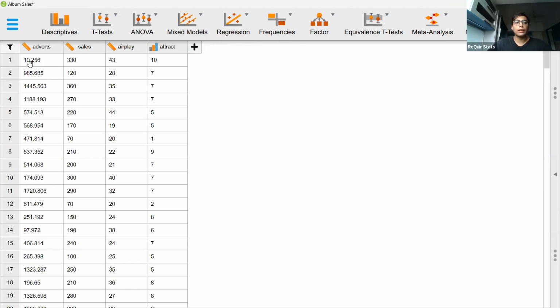So adverts are in pounds in thousand. So 1,000 pounds. So into thousand, this is 10,256 pounds. So basically multiply each of these by 1,000 and you get the number of pounds spent on advertisement. So this is the number of pounds actually spent divided by 1,000.